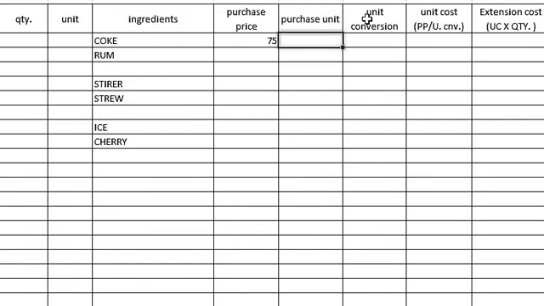So purchase unit niya, mag-ml naman ta. So atuan na lang ng ml instead na 1.5 liter, no? So 1,500 ml, convert lang nato from 1.5 liter to 1,500 ml.